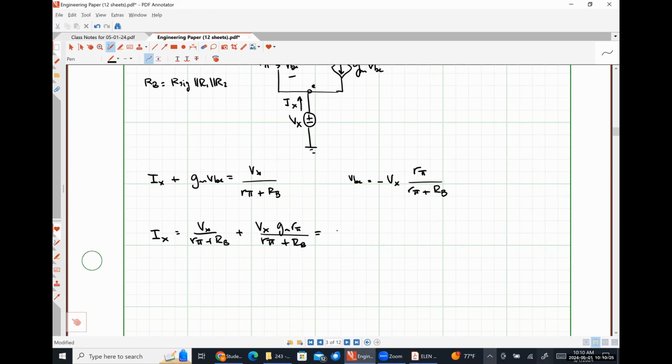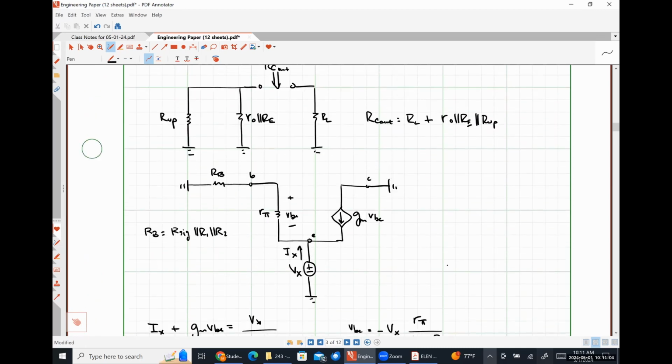I'm going to pull that Vx term out. And so that's going to look like 1 plus beta, because gm R pi is nothing more than beta, divided by R pi plus RB. And from here, the resistance that I called R up is just the ratio of Vx to Ix, which is R pi plus RB over 1 plus beta.